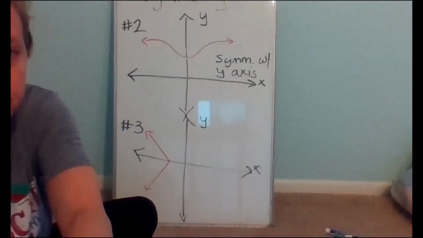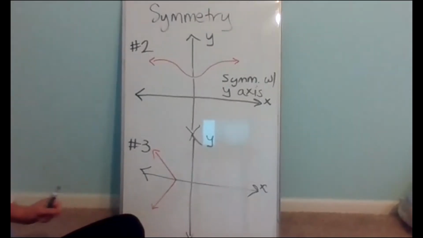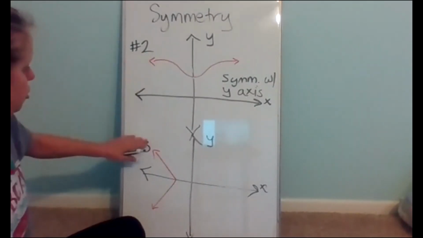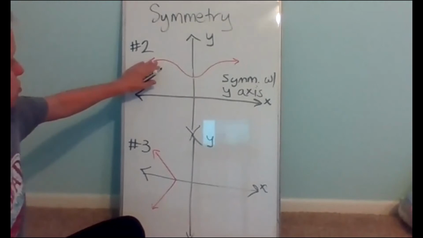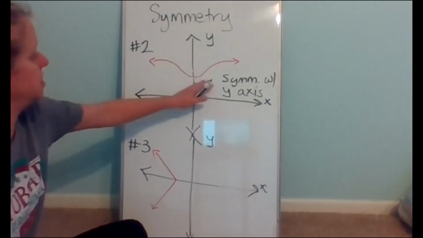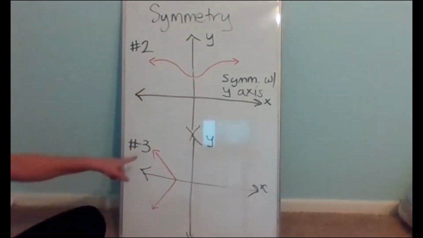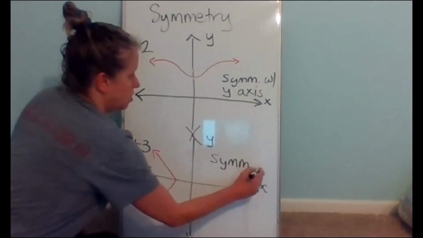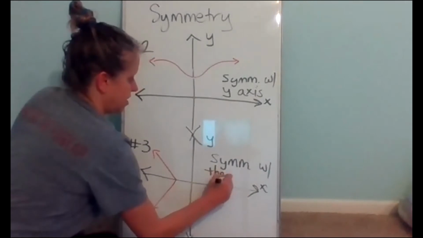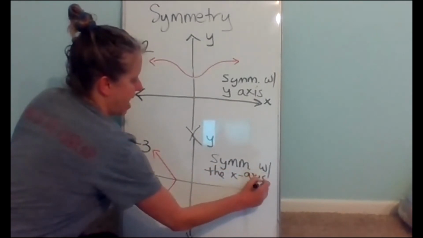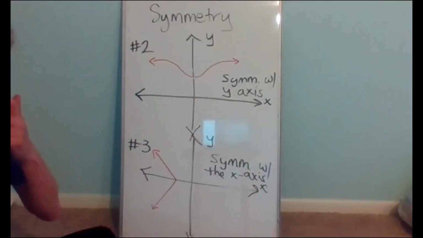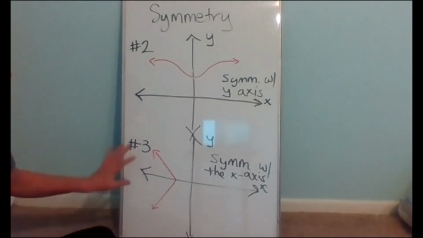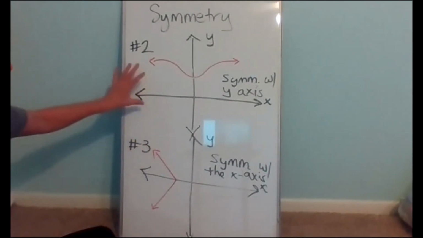Okay, so that's what number 2 and number 3 are showing. This one would be symmetrical with the y because it's the same thing on both sides of the y. This one would be symmetrical with the x-axis.